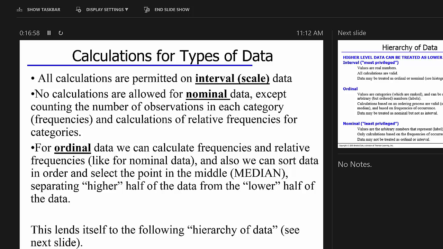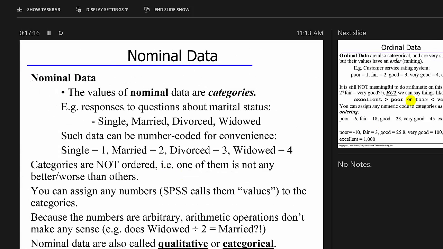Nominal data, on the other end of the spectrum, is very underprivileged. No computations are allowed. Mean is meaningless, standard deviation is meaningless. We can't even compute the range, to be honest with you. Say, for example, let's go back to this slide with single, married, divorced, and widowed.